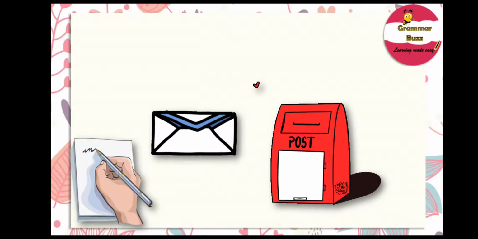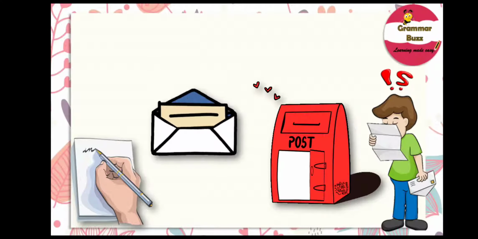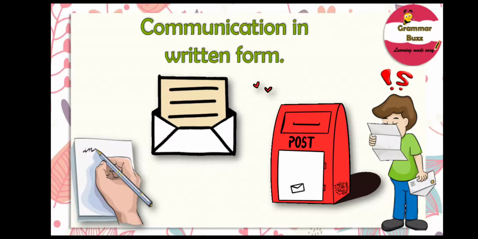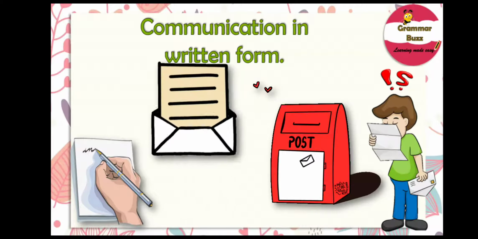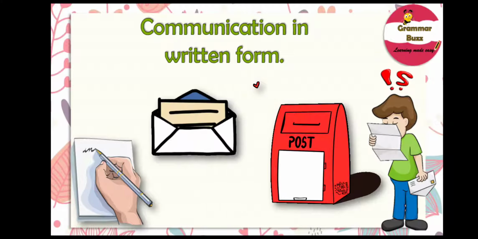And the post office will next deliver the letter to the receiver. So, can you tell me what is the primary function of a letter now? Well, you're right. The primary function of a letter is communication in written form. And therefore, we write letters to communicate in written form.